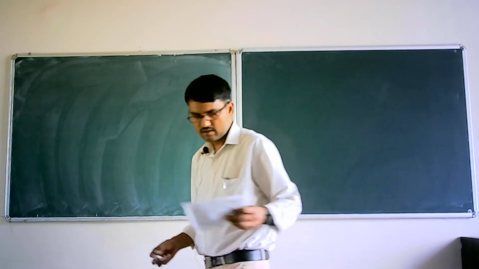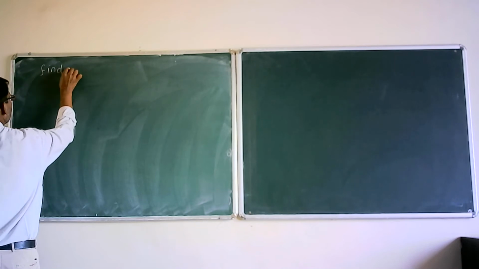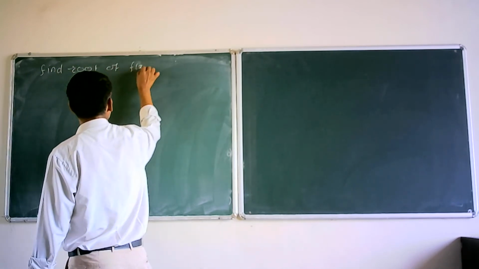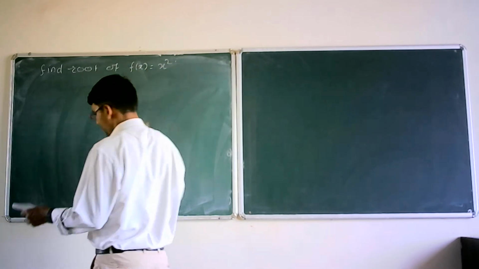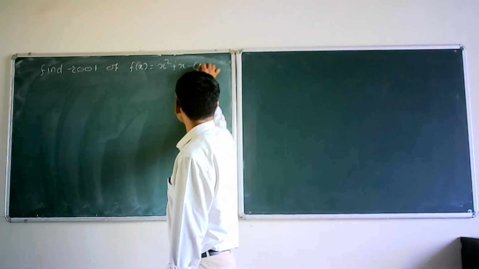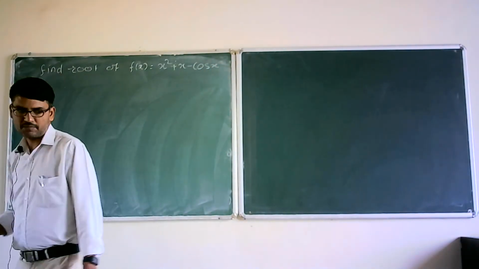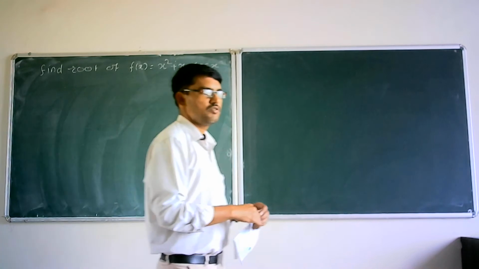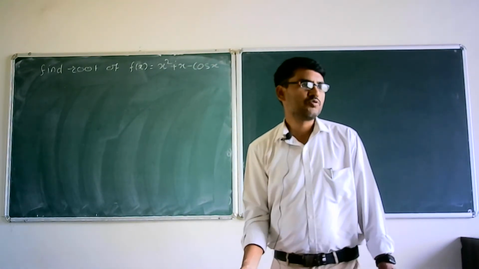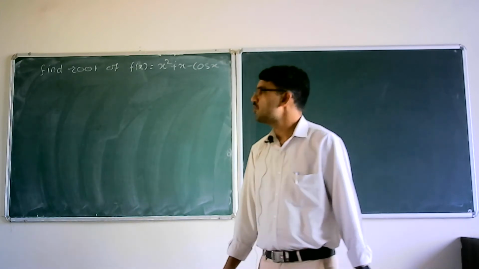Find the root of f of x is equal to x square plus x minus cos x using the bisection method. In bracket, your root must be correct up to 2 decimal places.